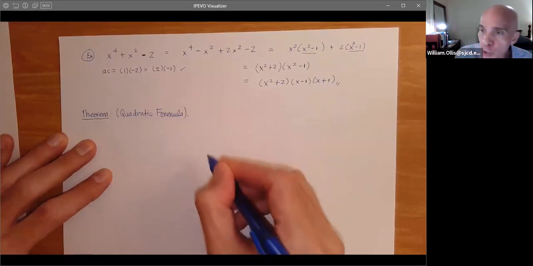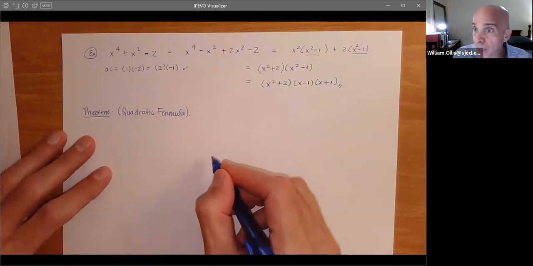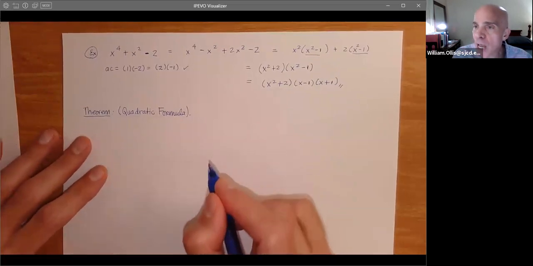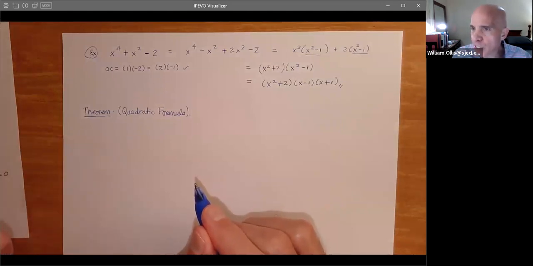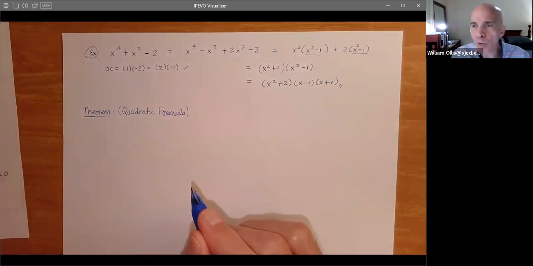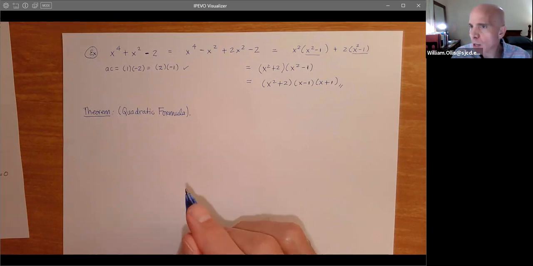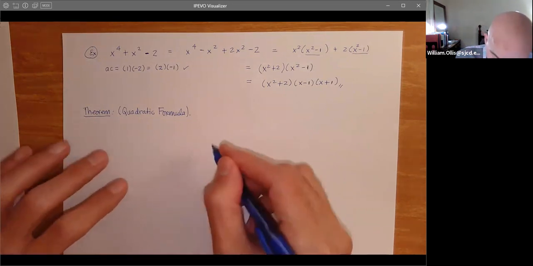Again, we could assume that the A, B, and C are complex numbers, but in this class, we're really going to focus more on the A, B, C being real numbers where there's a possibility of imaginary zeros, but there's certainly nothing wrong with having imaginary coefficients for a polynomial, which I'll maybe say something about later on in the course.